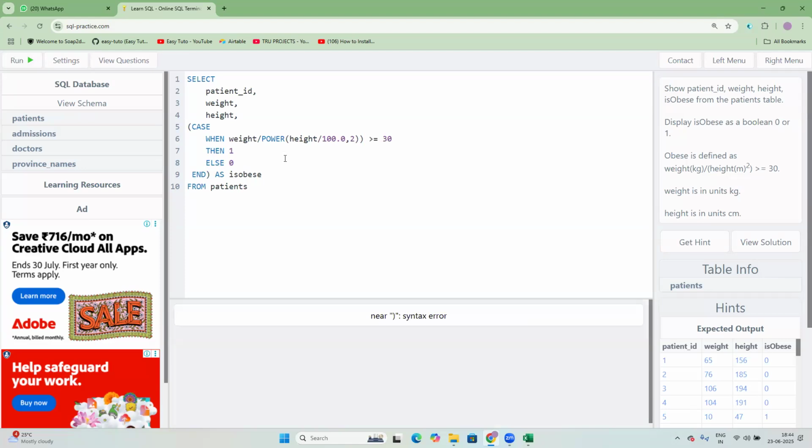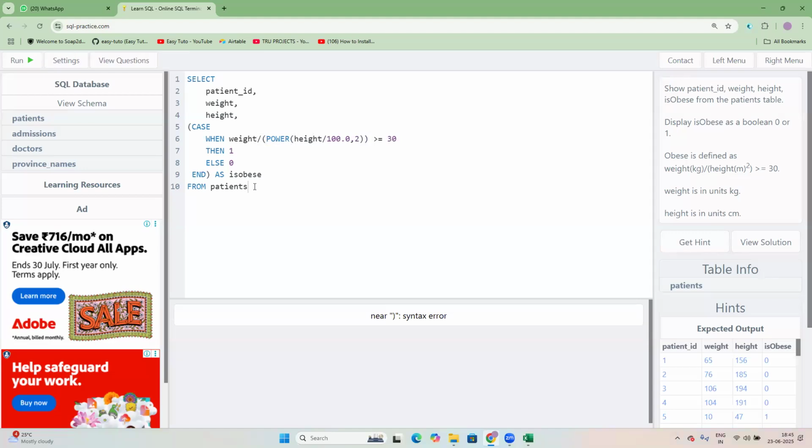Okay. Somewhere we have messed up. Line number 6. After height, there is a comma. No, we need that comma. Before weight, we need to open a bracket. The power, I'll put it in brackets: power, height, and 2, and close.